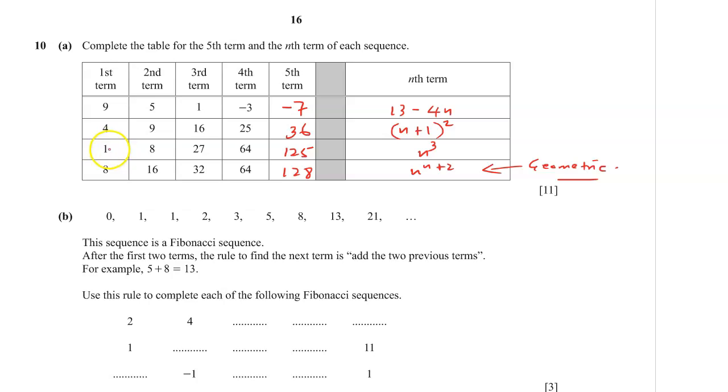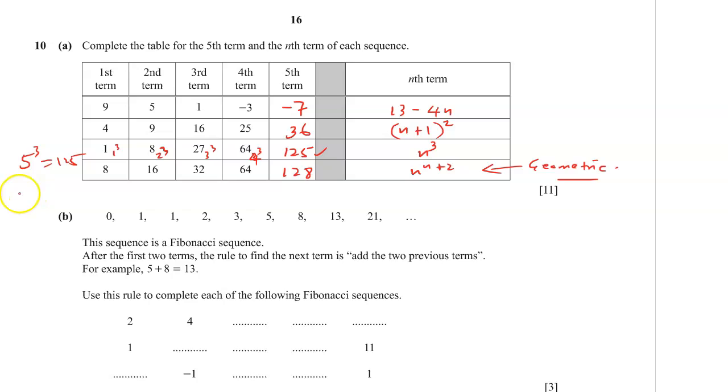So when you cube 1, you get 1. When you cube 2, you get 8. When you cube 3, you get 27. When you cube 4, you get 64. When you cube 5, you get 125.